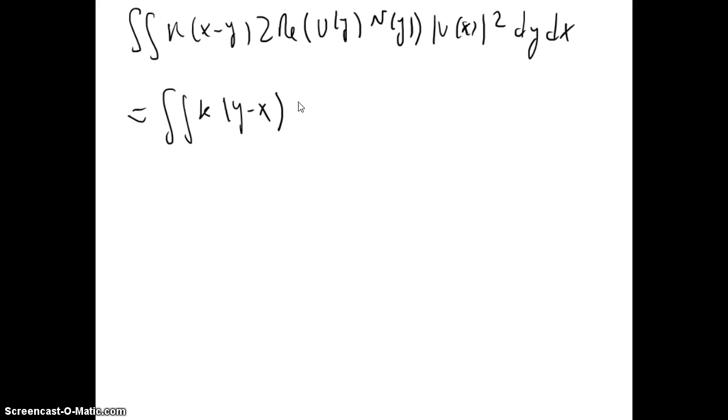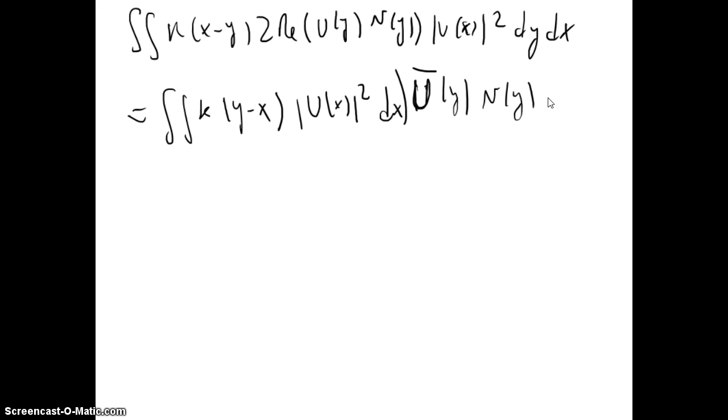We can change this: u(x) squared dx, and then outside u(y) conjugate b(y) dy.